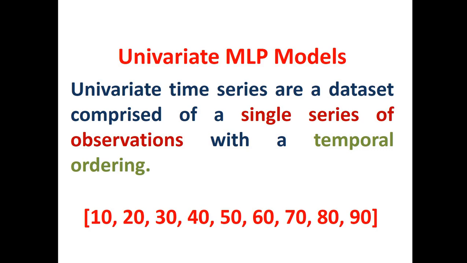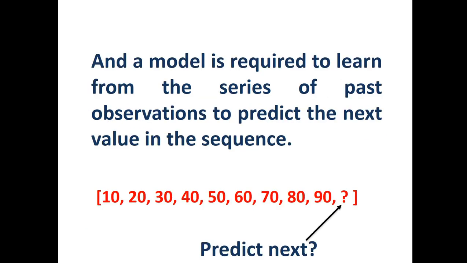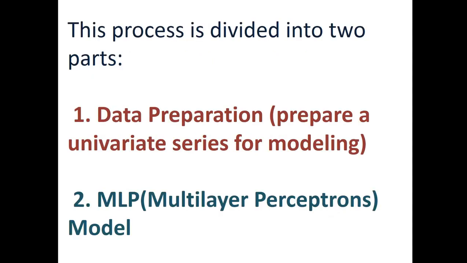It looks like that, like 10, 20, 30 up to 90. There are 9 data points, and the model is required to learn from a series of past observations. It's like temperature data or whatever, to predict the next value in the sequence. You'd like to know what would be the next data after 90.